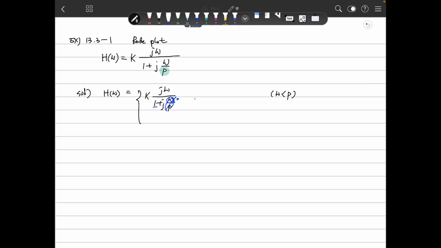This is ignored compared to the 1, so that can be represented as K j omega. The same way, K j omega over 1 plus j omega over P, when omega is larger than P, then this is very large, so we can ignore the 1 term. So the main thing is K j omega over j omega over P. So that will be KP.